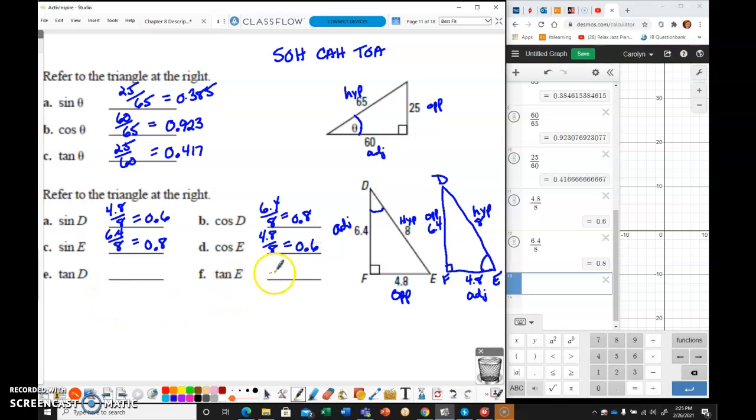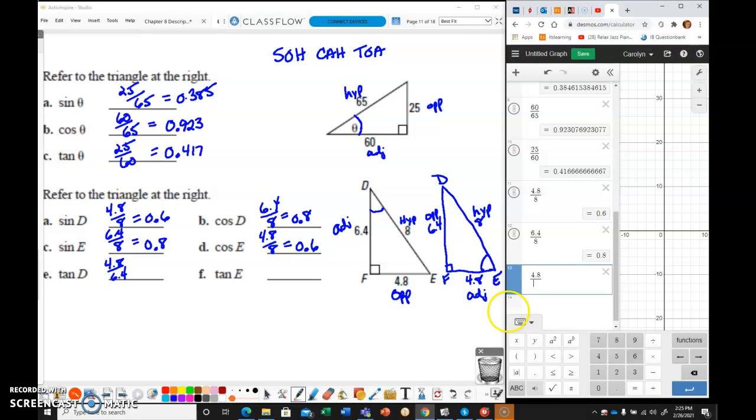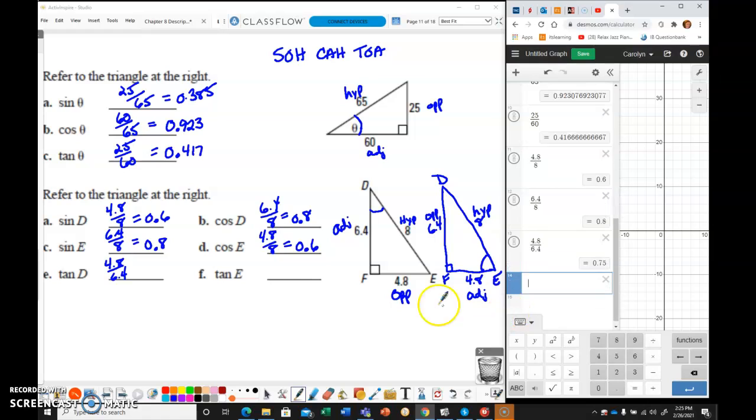The last two are talking about tangent. So the tangent of D is the opposite over the adjacent. So 4.8 over 6.4, which gets me 0.75.